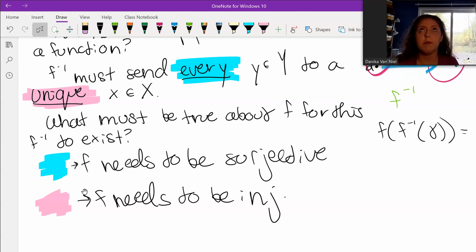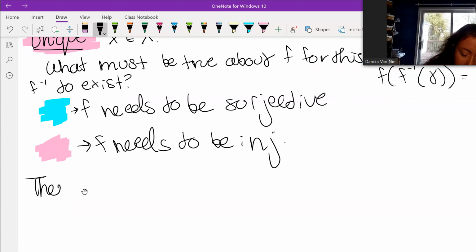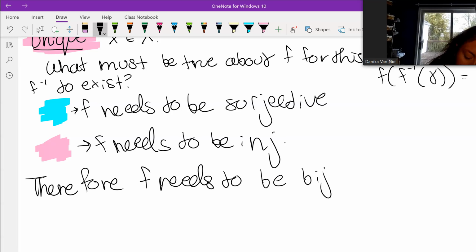Well, for that to be unique, then f can only hit each element in the codomain one time. It can't send two elements in the domain to one element in the codomain. Okay? So boom, roasted. Therefore, what does it mean for f to be surjective and injective? f needs to be bijective for f inverse to exist.